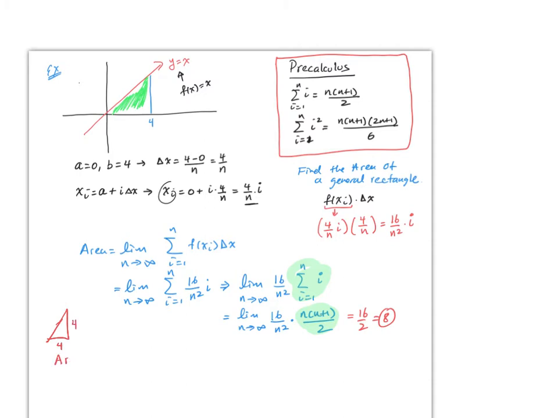So what is the area of a triangle? Remember, it's 1/2 the base times the height, which is equal to 8. So you could have just done this to get the answer. The only issue is that this only works because this was a triangle. This will not work in the previous example, or it's not going to work in the example we're going to do right now.